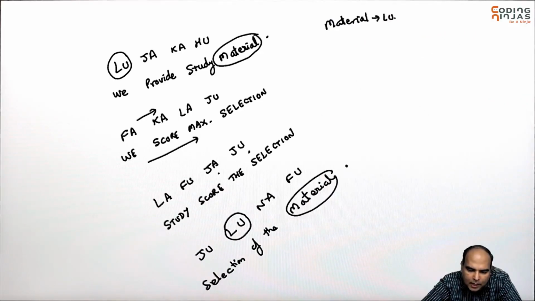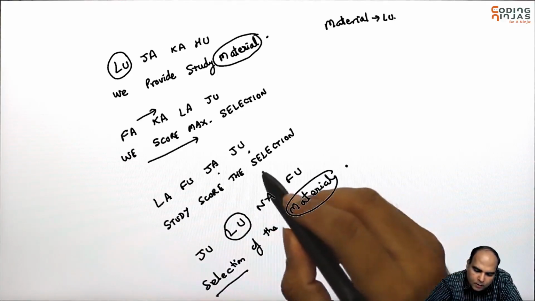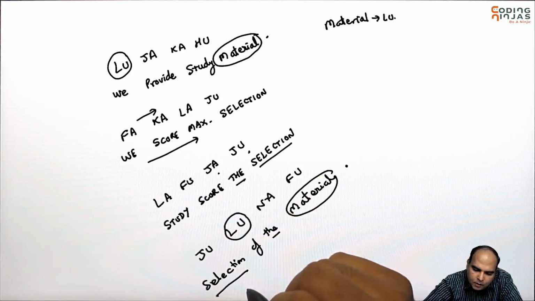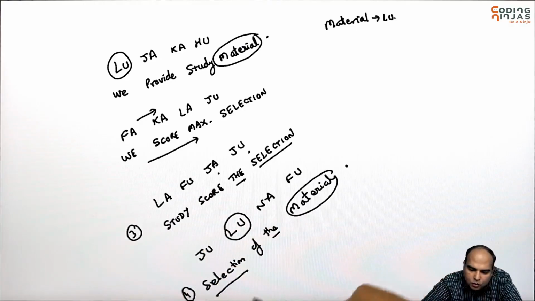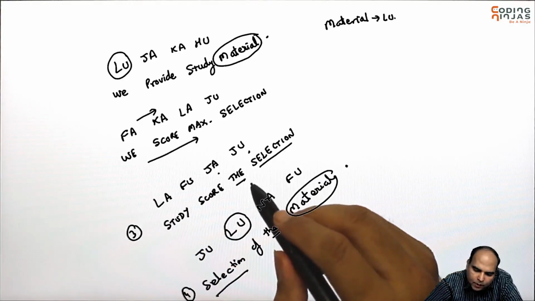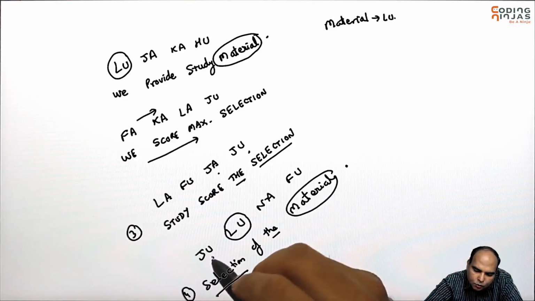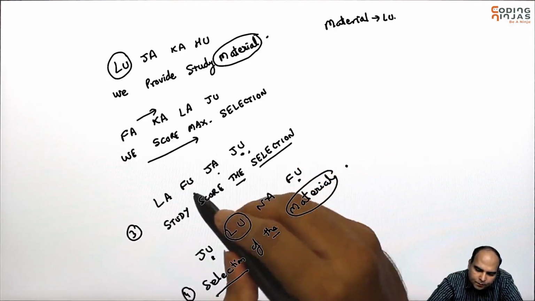Right? And then when you look at other commonalities, you can make out selection is common between the fourth code and the third code. There are two commonalities. We can't sort it out right now, but if you look at what's common between the codes, you can see that Ju is common and Fu is common.